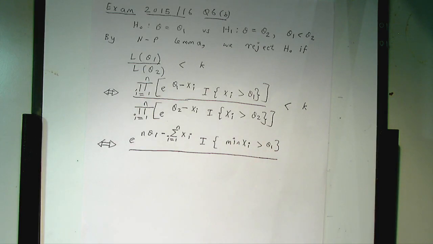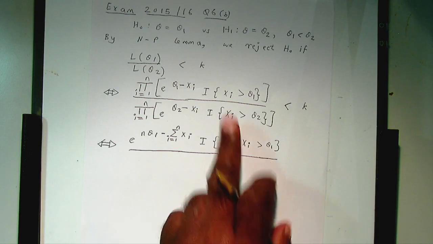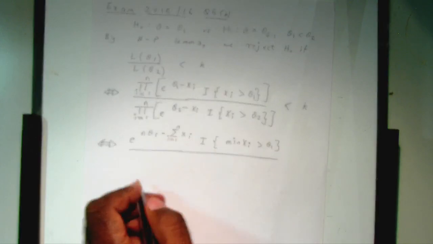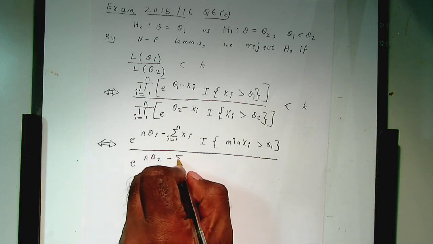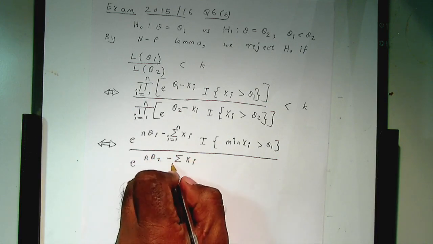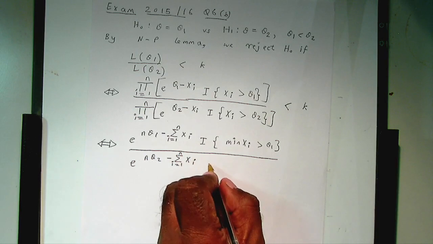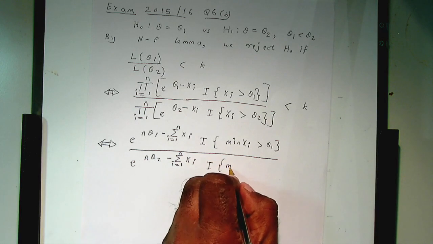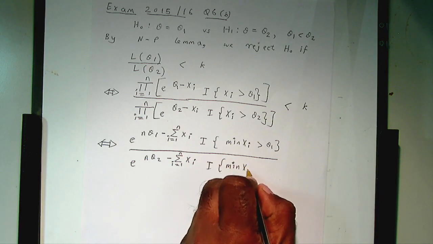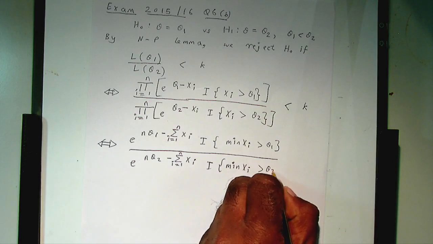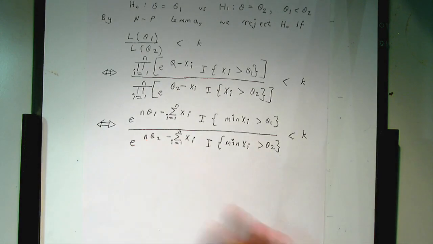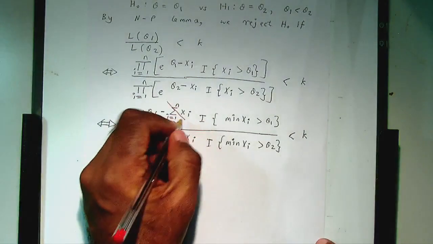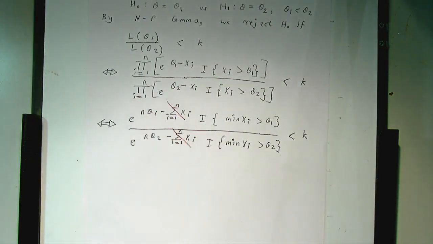And in the denominator you have theta 2 minus... Now, these two cancel.